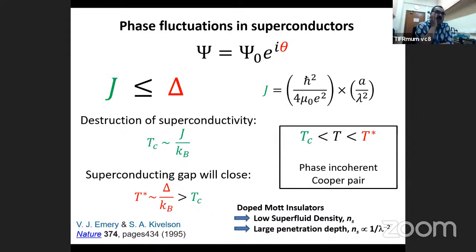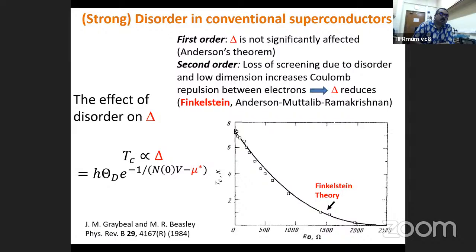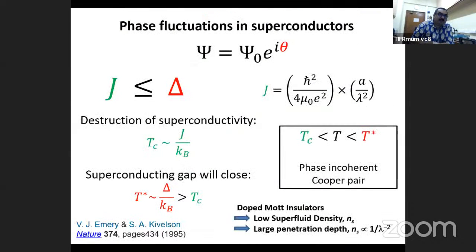This was thought to be the explanation in these high Tc cuprates because of what I already said, the low superfluid density and the large penetration depth, which is essentially identical. Now you know that the superfluid density can also reduce in a conventional superconductor.